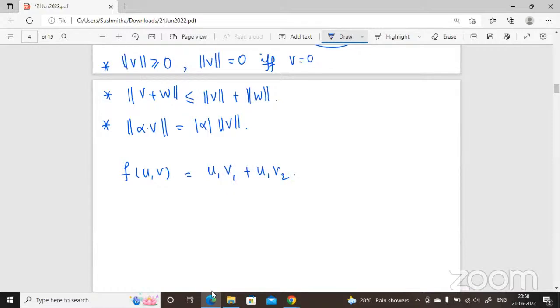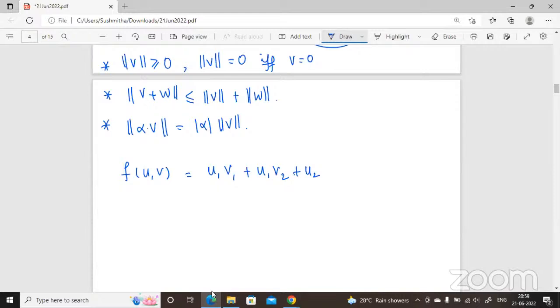Will this be an inner product? No, madam. U2 is not getting used. Okay, let's use U2. Is this an inner product? No. Why not? Symmetry is still violated.